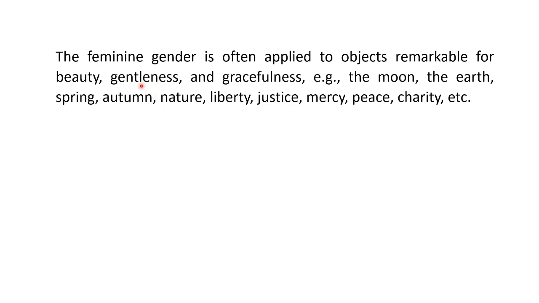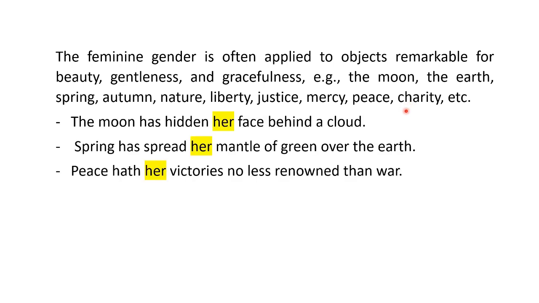Now, the feminine gender is often applied to objects remarkable for beauty, gentleness, and gracefulness. For example, the moon, the earth, spring, autumn, nature, liberty, justice, mercy, peace, charity, etc. For example, the moon has hidden her face.